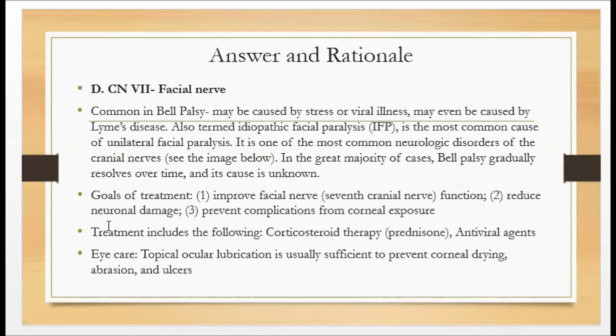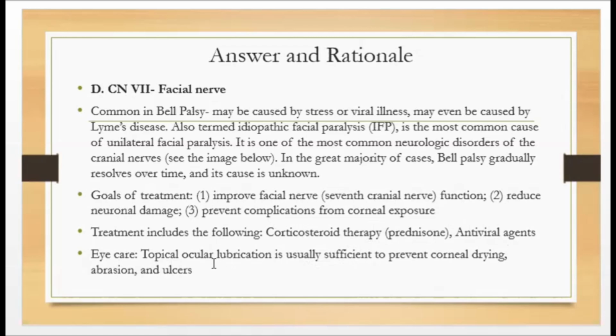Facial nerve. And you have to know the goal for treatment, because they can ask you the goal for treatment. So the goal is usually to reduce the neurological damage, and I said it, prevent complication from corneal exposure. If you're taking ANCC, they can ask you 2 medications, select all that apply. The medication we use is usually high dose of corticosteroids and antiviral agents, okay?